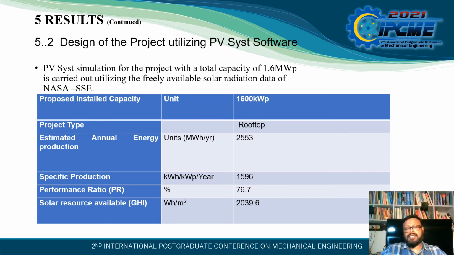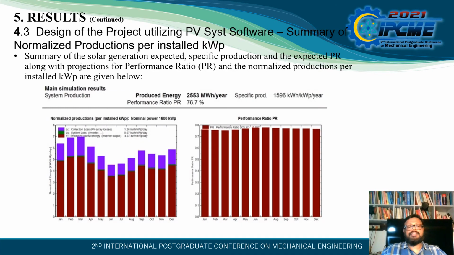This is the result of the PVsyst simulation, and the results have been graphically represented here. It gives the total produced energy, specific production, and performance ratio of 76.7% as described earlier.